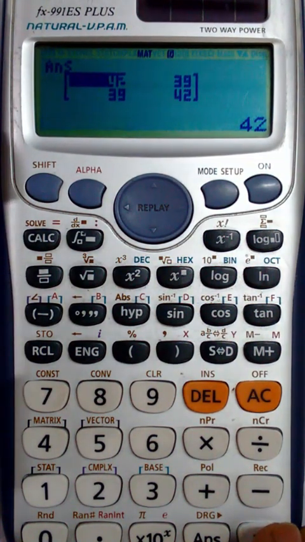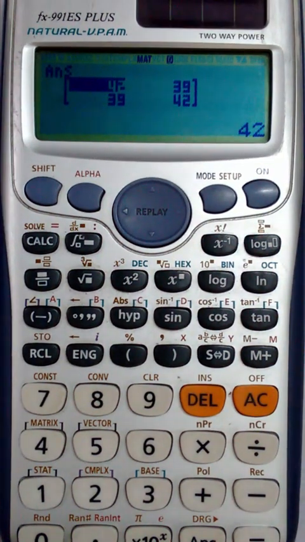Be careful, A inverse is possible only if the determinant is not 0. Okay, in this way you can calculate the result for the matrix.